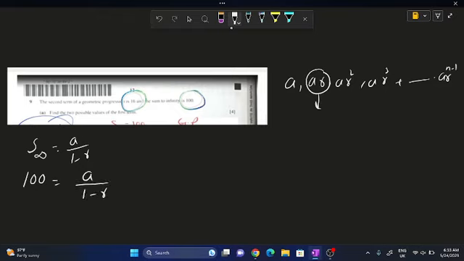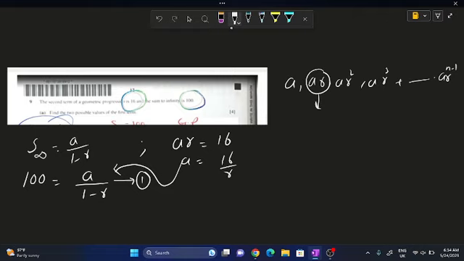And one thing more that is given to you is ar equals 16. So a is 16 by r. Put a equals 16 by r in this equation, which is equation number 1, plugging in the value of a.